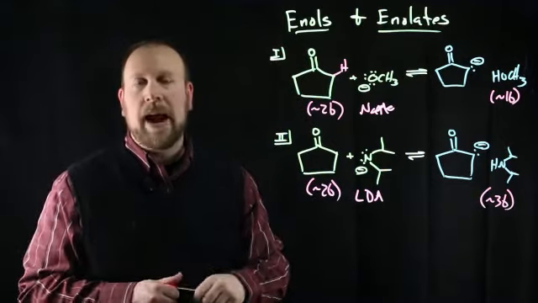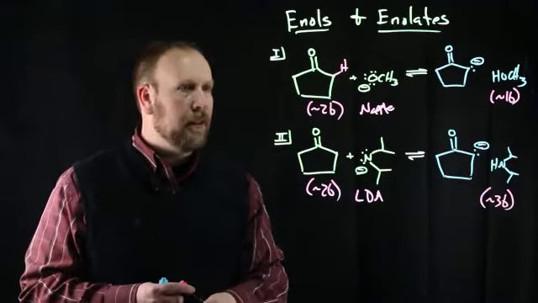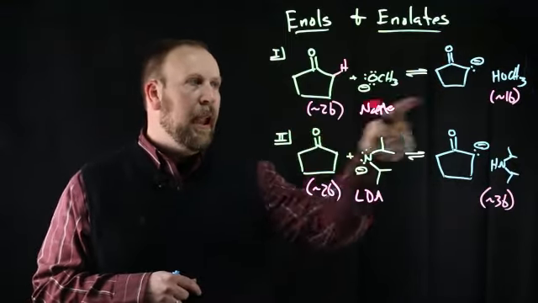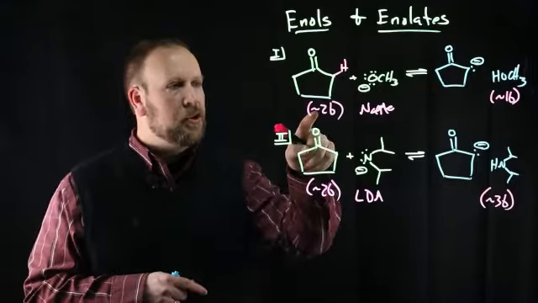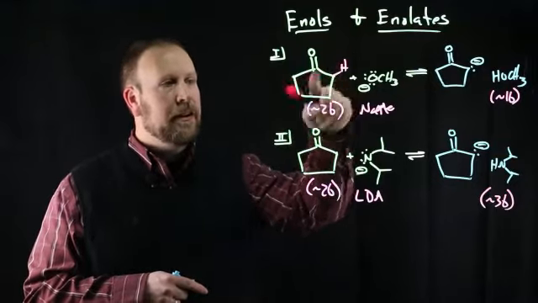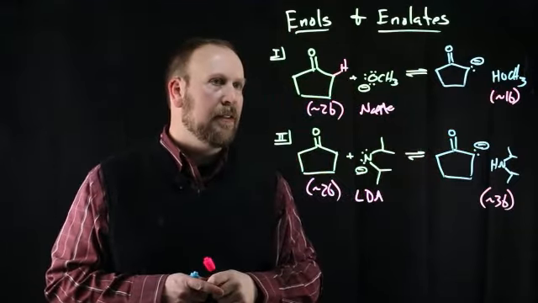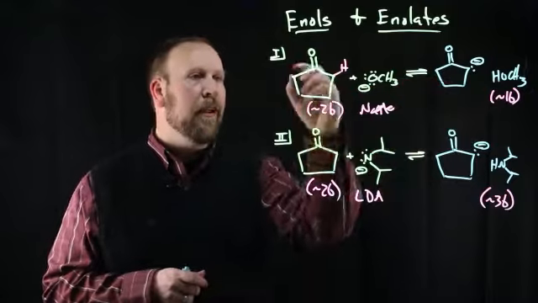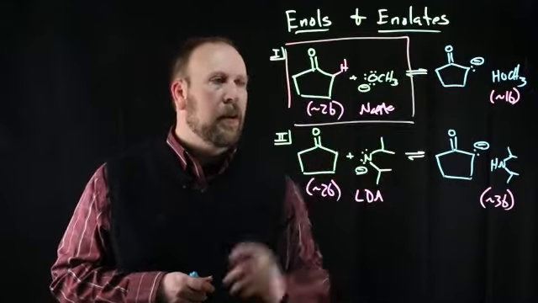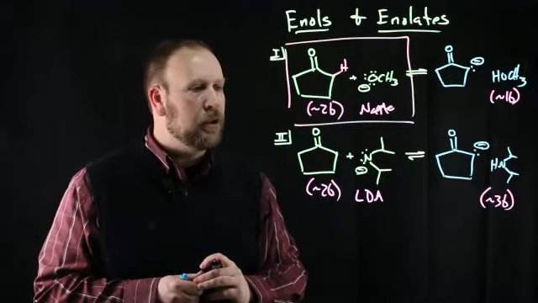So if you remember back to our acid-base chemistry, we always favor the side of the weaker acid. So the higher our pKa number, the weaker that acid is going to be. So in our first expression, this hydrogen is much less acidic than methanol, 10 orders of magnitude less acidic. So if we looked at this equilibrium, it's going to heavily favor the starting materials in this case. We're not going to see a whole lot of that enolate generated in solution.